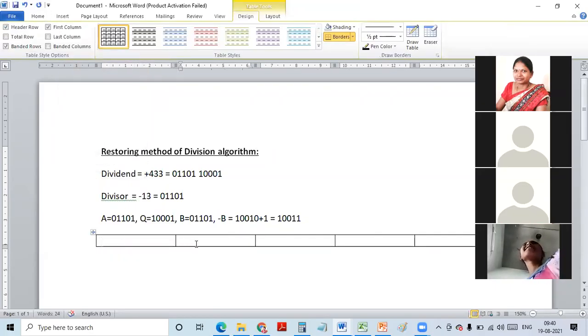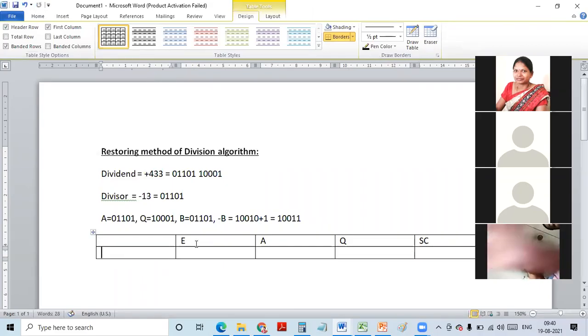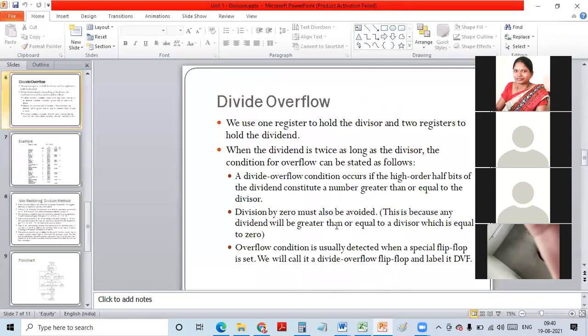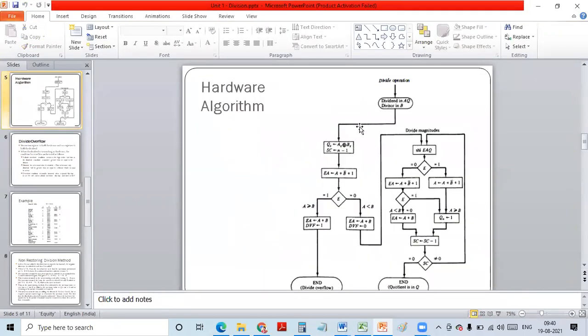So here is E, followed by A, followed by Q, and then the sequence counter. So what is the first operation? As per the algorithm, first you need to initialize everything. After that, you have to carry out the subtraction, right?